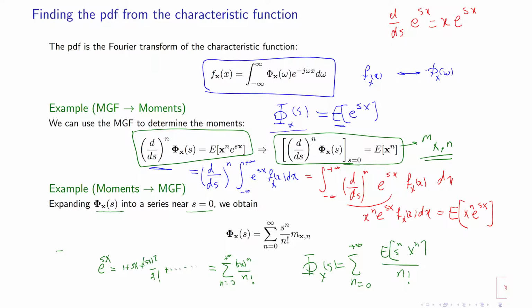This s is a constant, so it comes out of the expected value, and I get this expression, because the mean of x to the power of n is this one. So this expression says that the Taylor series expansion about s equals 0 gives this one. This means that the Taylor series coefficients of the moment generating function are your moments of order n.